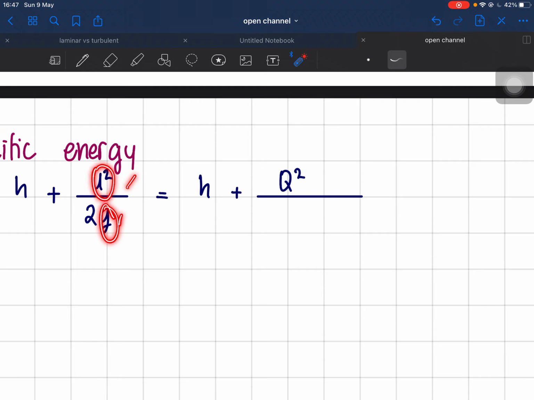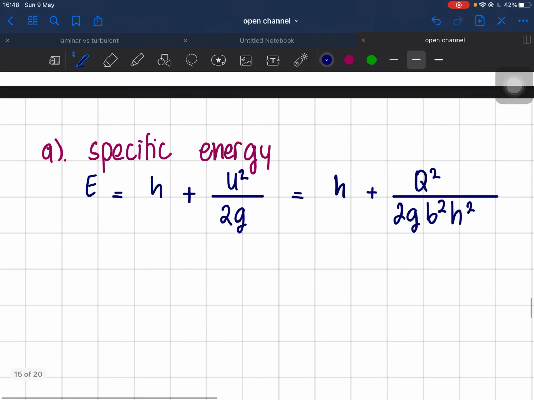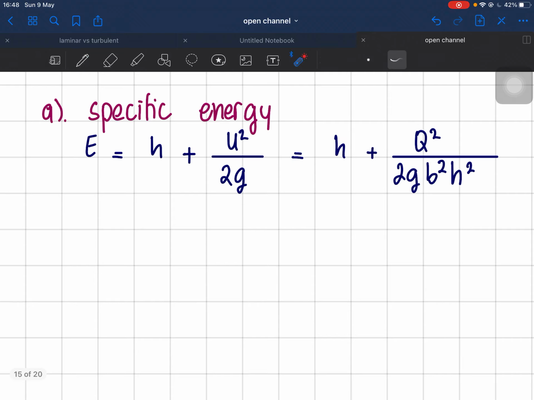Oh, we know this one, but we don't know this one. So we're trying to substitute as many as we could. So this is just for information. It's still the rectangular channel. So they gave us the Q, right? So the Q here is 3 cubic meter per second.